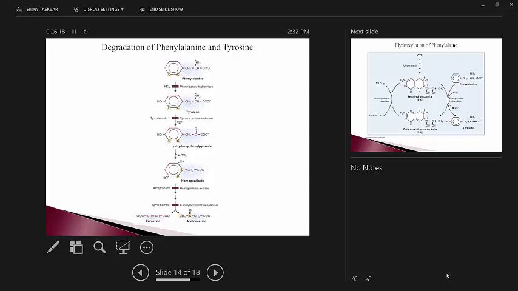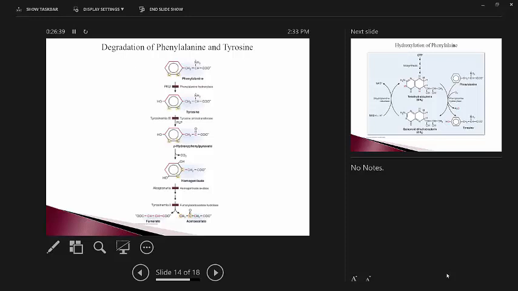Tyrosine is an essential amino acid or a non-essential amino acid? Don't all answer at once. Loud enough so I can hear it. It's a non-essential amino acid. It's actually made from phenylalanine. Okay? All right? So here we have phenylalanine.